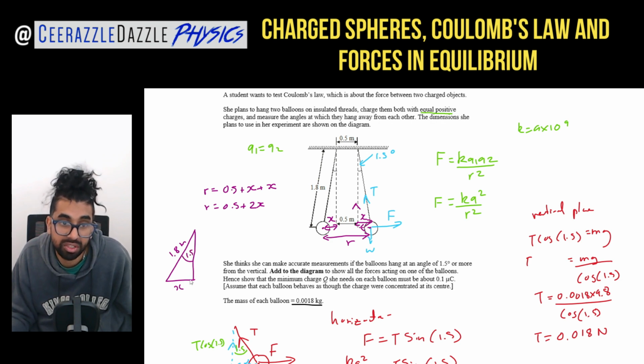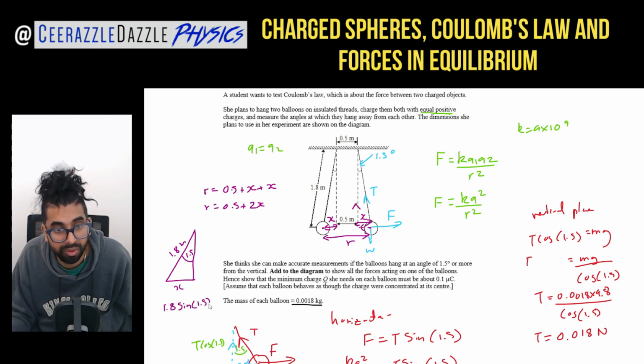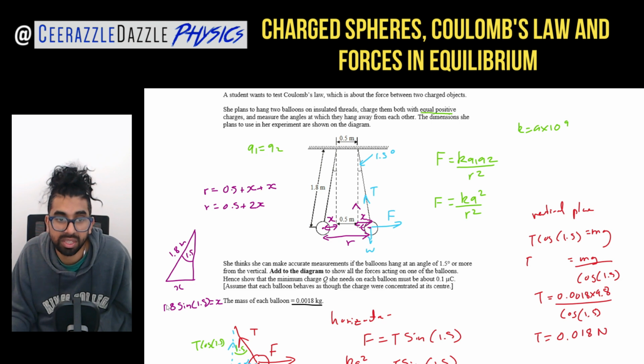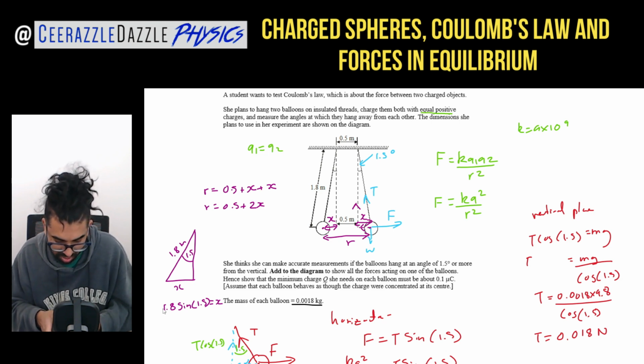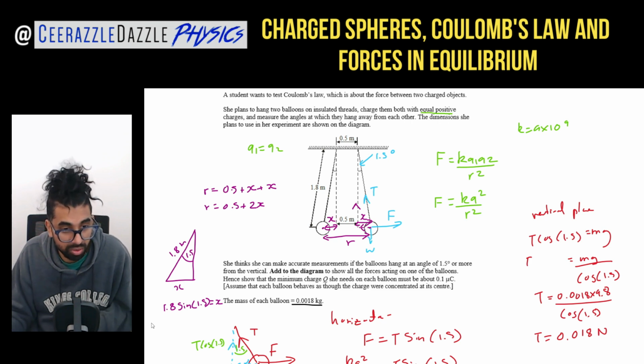So this is going to be sine: 1.8 sine of the angle 1.5 is equal to x. My answer is that x will be equal to 0.047. That's going to be this bit over here.